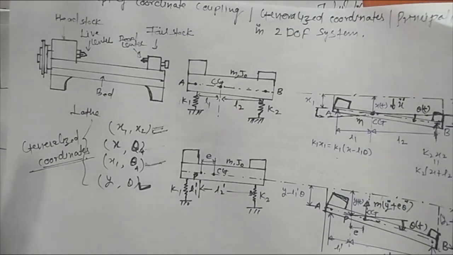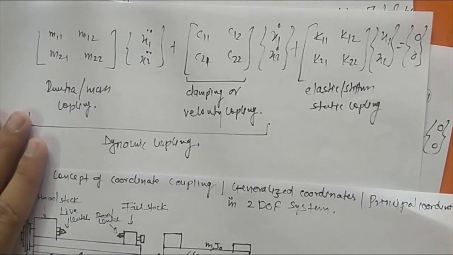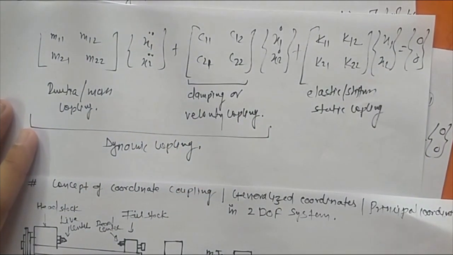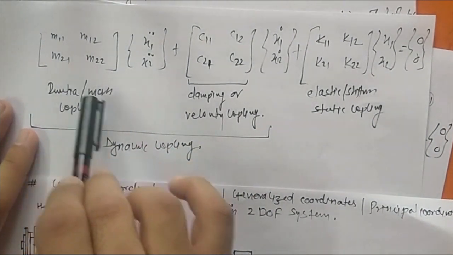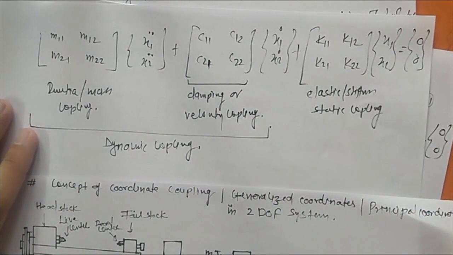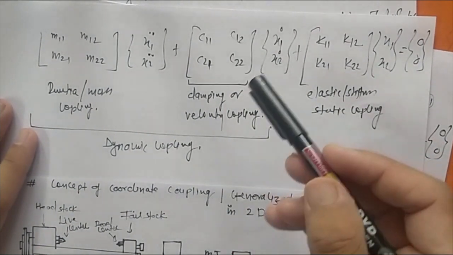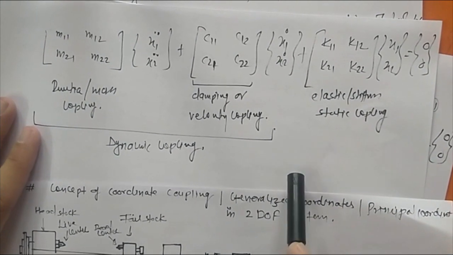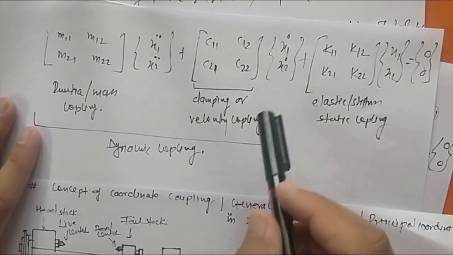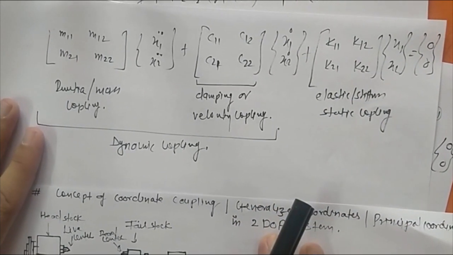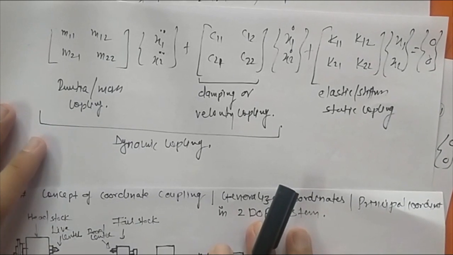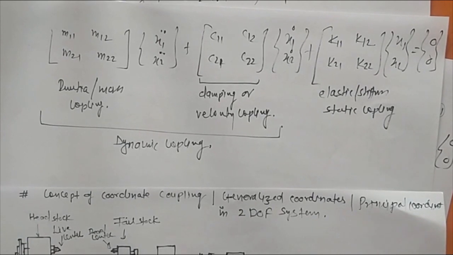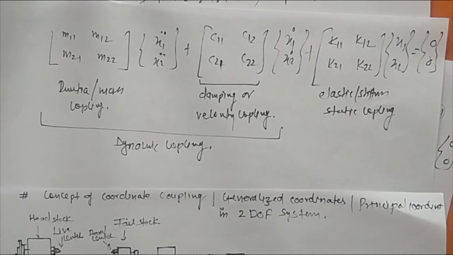So if we choose a coordinate system which can make all the matrices diagonal matrices, or we can say there is no type of coupling present in the system, then both of the equations for both of the degrees of freedom are independent from each other. So you can say both of the equations can be solved individually, just like the solution of a single degree of freedom system. So that type of set of coordinates is known as principal coordinates.